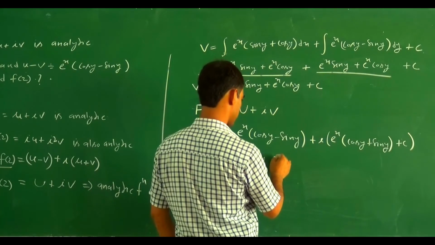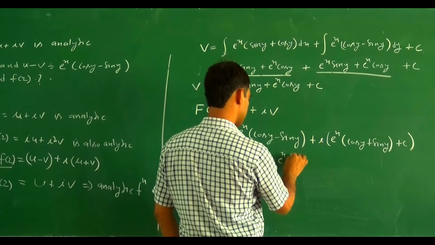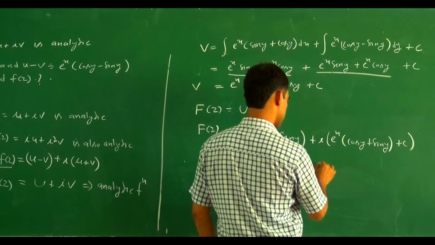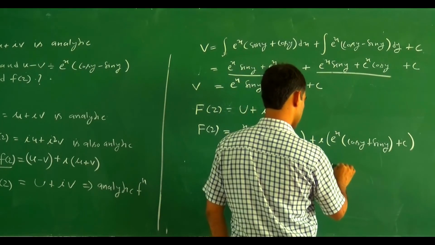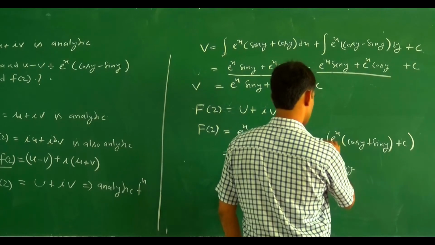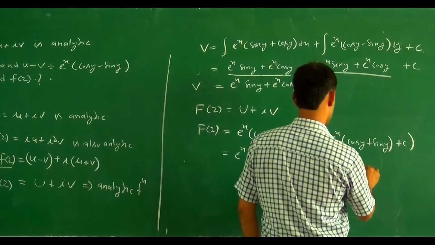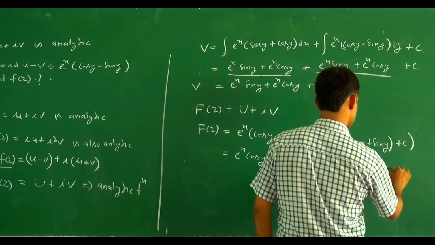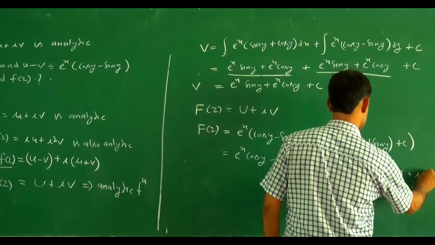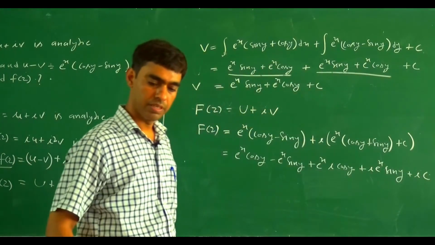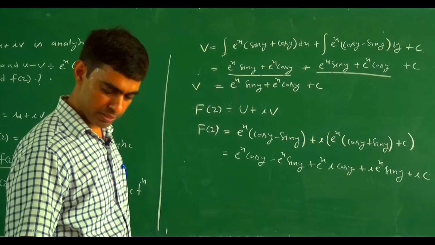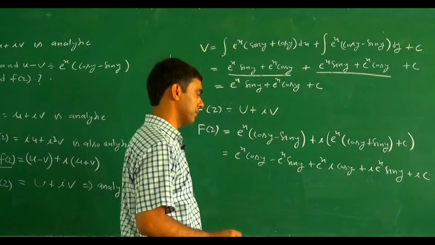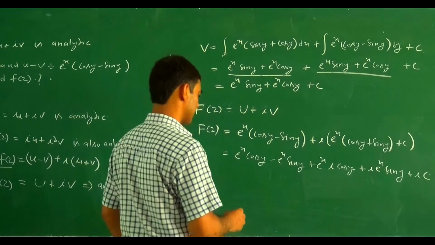So this becomes e^x cos y minus e^x sin y, and opening this bracket, this becomes plus i e^x cos y plus i e^x sin y plus ic. So if we simplify this one, it is e^x plus iy.